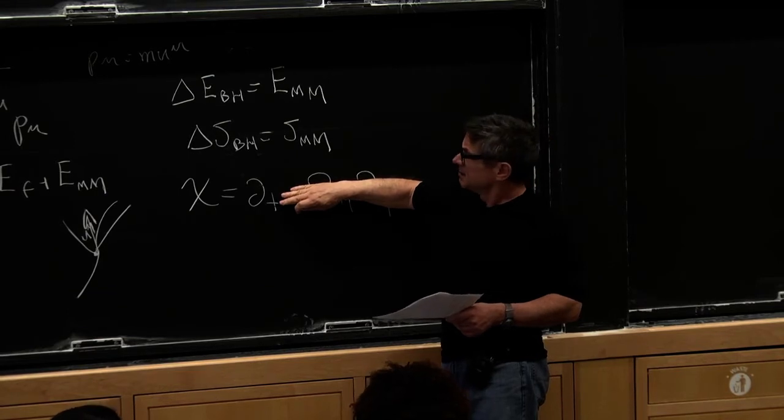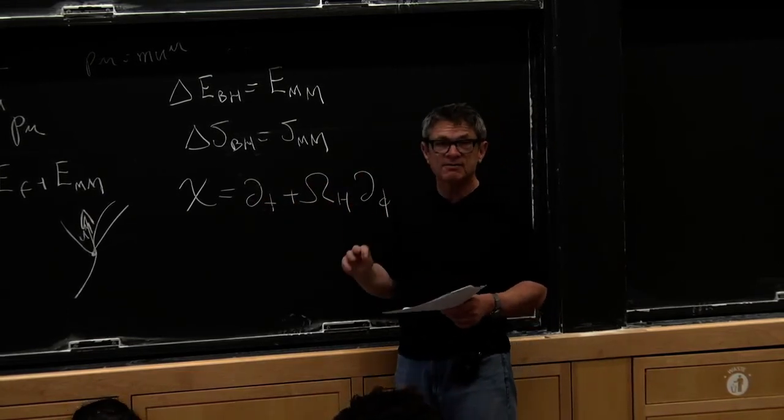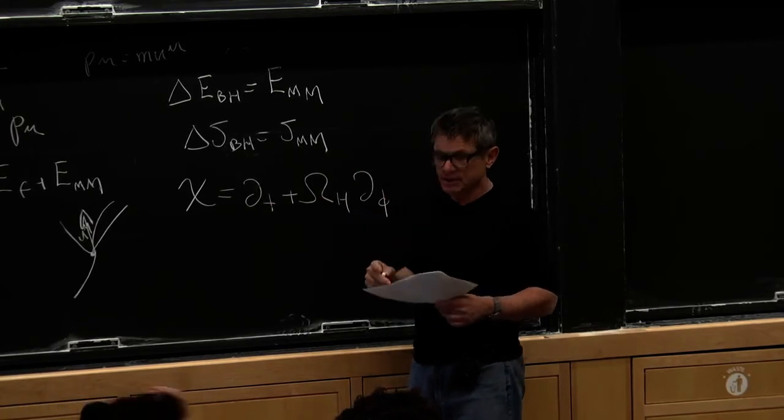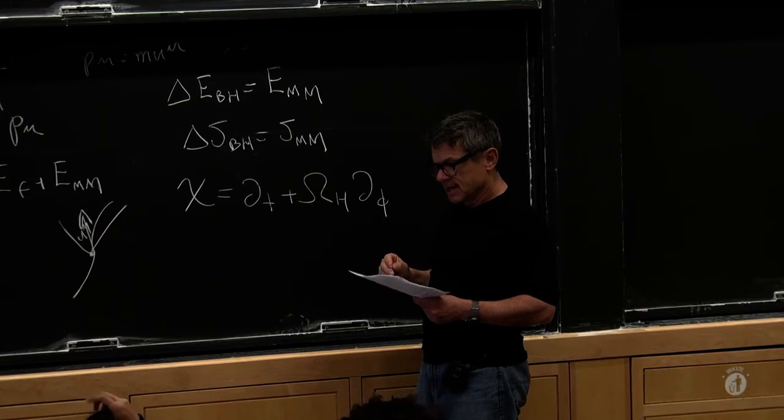But there is another co-rotating Killing vector field, which is null on the horizon, and it's called the null generator of the horizon.